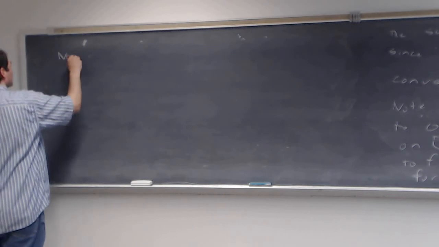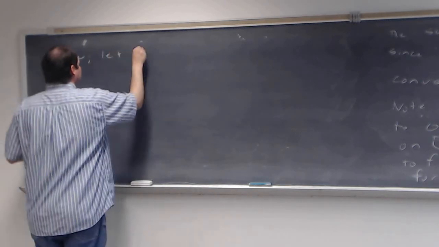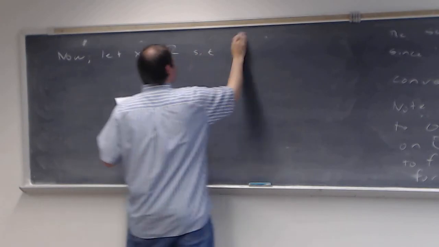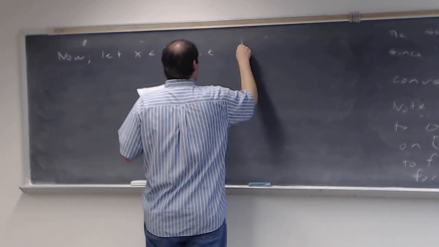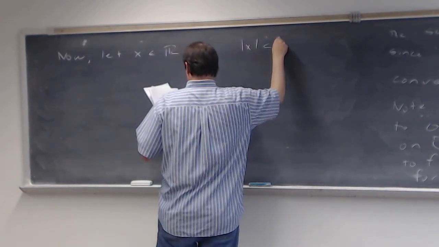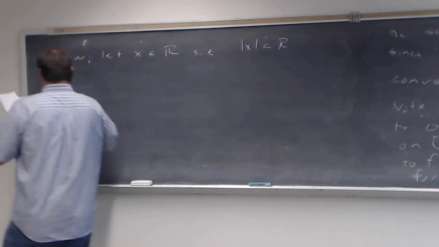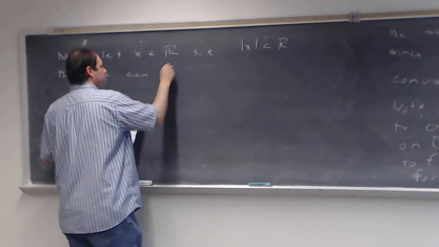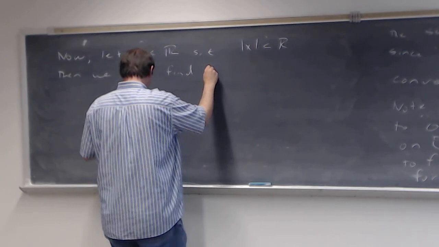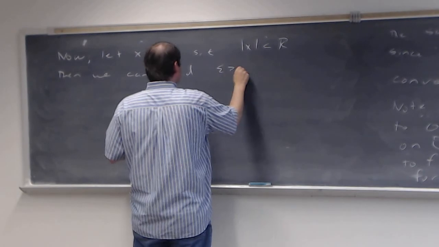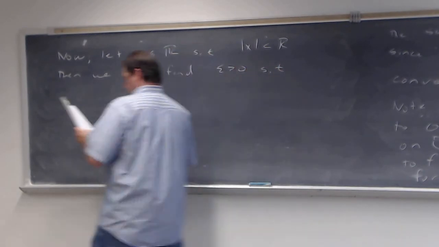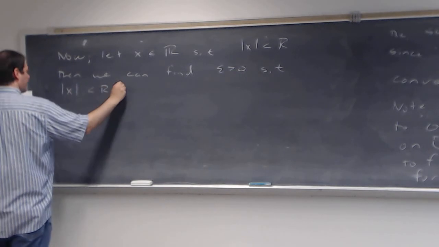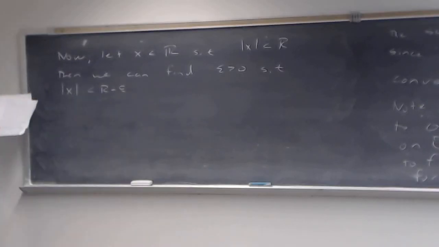Now, let x be a real number such that the absolute value of x is less than r. Then we can find an epsilon greater than 0 such that the absolute value of x is less than r minus epsilon.